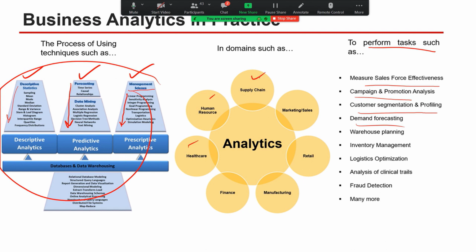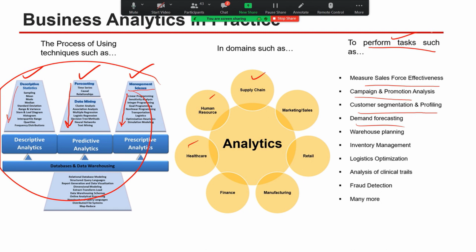The major important point is that based on the task, we try to identify what kind of question we are going to answer: whether we are interested in finding out what happened, why did it happen, what will happen, or what should we do. Depending upon our question on the particular task, we are going to pick the technique.